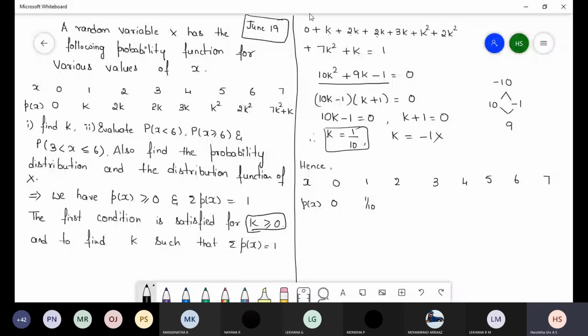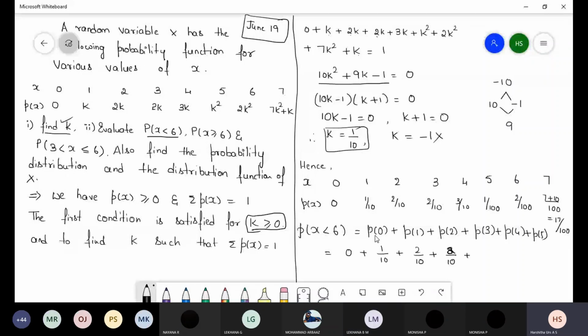So here P of 0 is 0, P of 1 is 1 by 10, P of 2 is 2 by 10, P of 3 is also 2 by 10, P of 4 is 3 by 10, P of 5 is 1 by 100. Answer is 81 by 100.